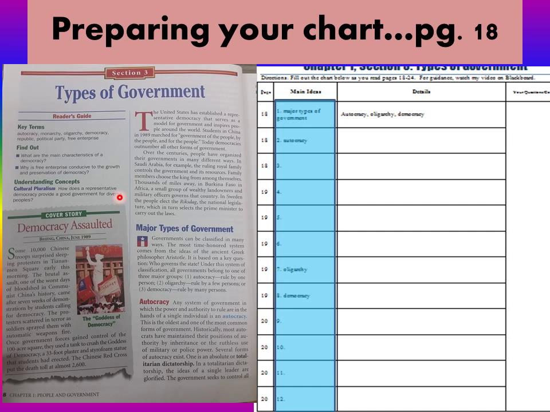And then let's read through our cover story. Title is Democracy Assaulted. Assaulted means attacked, as you know. And this takes place in Beijing, China in June 1989. Some 10,000 Chinese troops surprised sleeping protesters in Tiananmen Square early this morning. The brutal assault, one of the worst days of bloodshed in Communist China's history, came after 7 weeks of demonstrations by students calling for democracy.